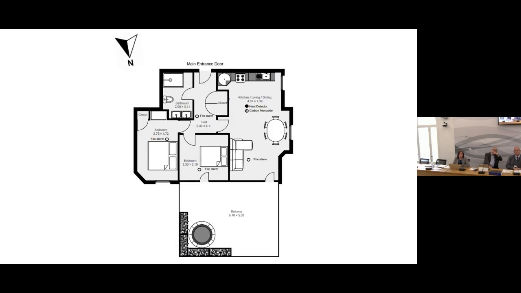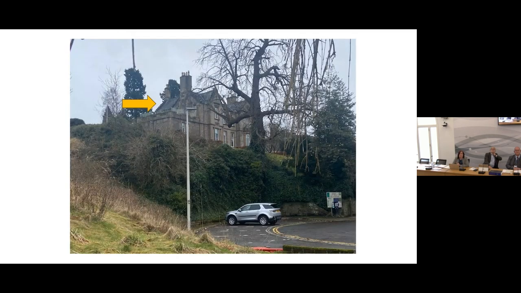Next slide, please. And then this is the floor plan of the property on the upper floor. 2 bedrooms and an open plan living area, and then the flat roof area, accessed through the living area and one of the bedrooms out onto that roof terrace area. Next slide, please. Then this is looking up at the property from Riverside, and a car park at the Riverside down below.